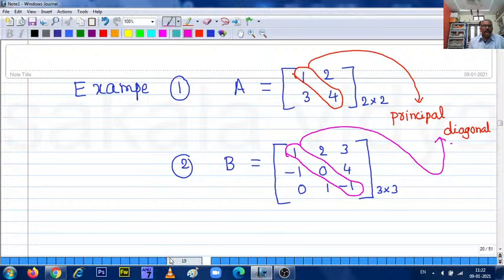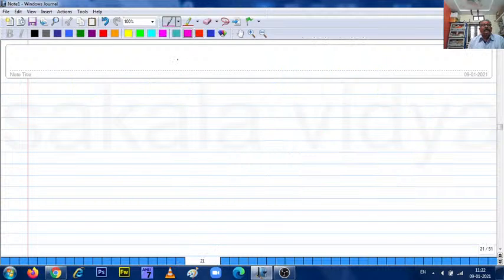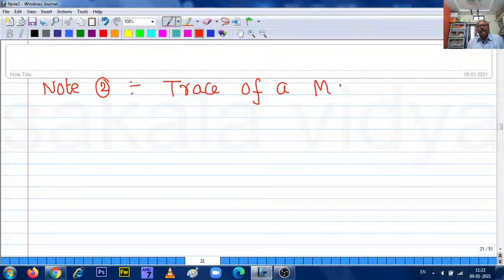So next, second note. Note 2: Trace of a matrix. This is a very important concept from the competitive entrance examination point of view. What do you mean by a trace of a matrix?